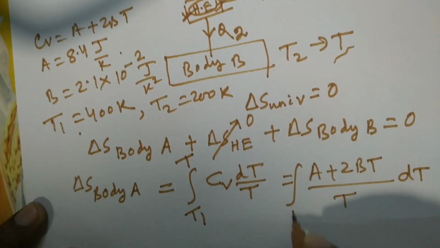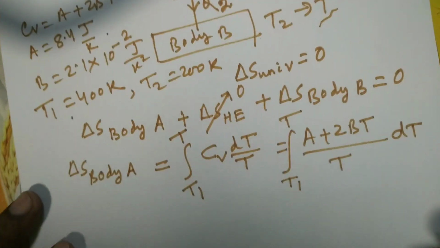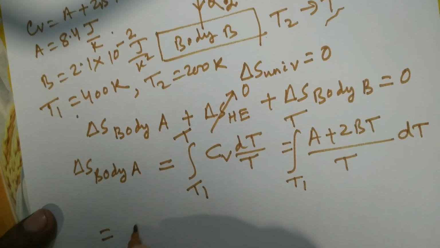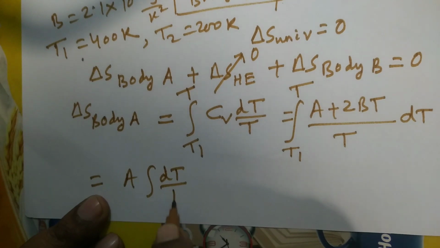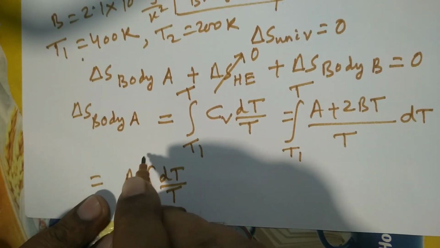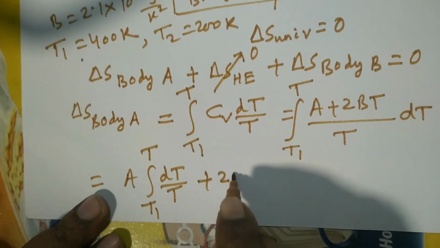The limit is from T1 to T, and this is equal to A dT upon T from T1 to T plus 2B.